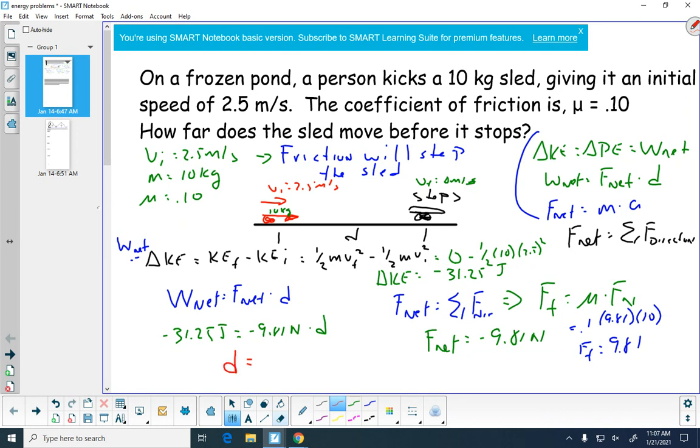How far does it take, Katie? 3.19 meters. Divide by our negative 9.81 newtons. A joule is a newton meter, so the newtons will cancel out and just leave us with the meters.